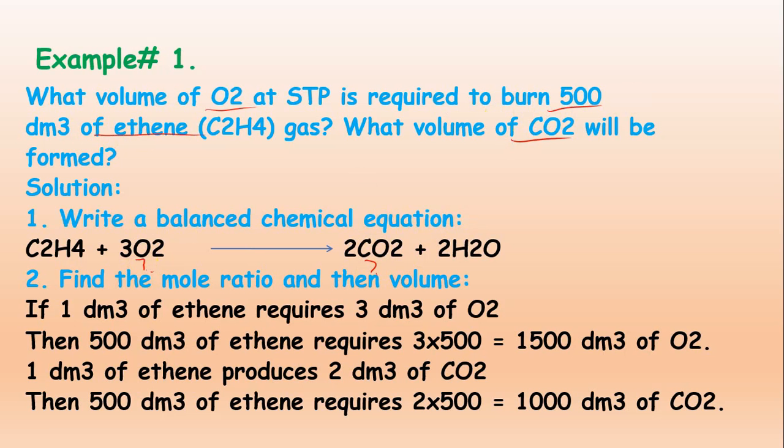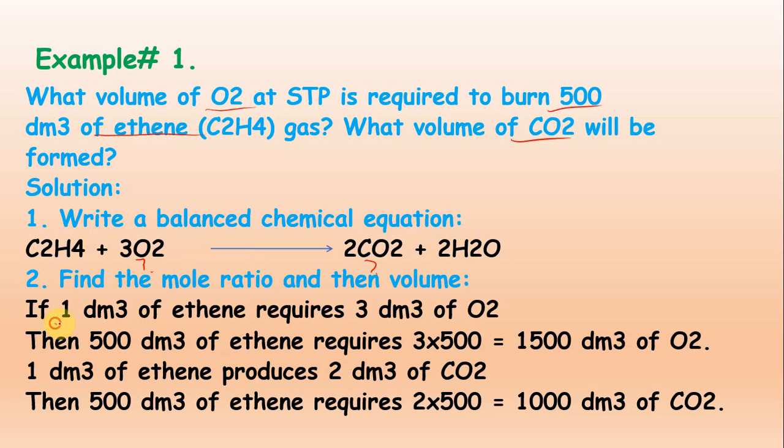Here is the balanced chemical equation of the combustion of ethene; it will produce CO2 and H2O, a completely balanced equation. As I told you, in this calculation we have to focus only on the mole ratio of the volume.